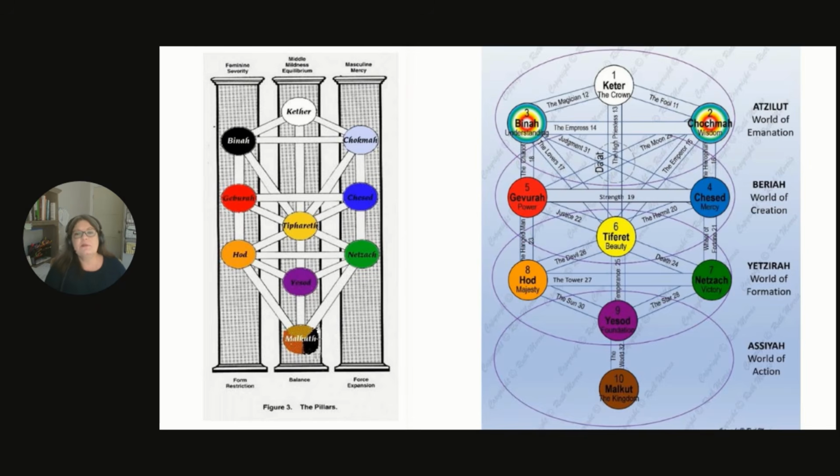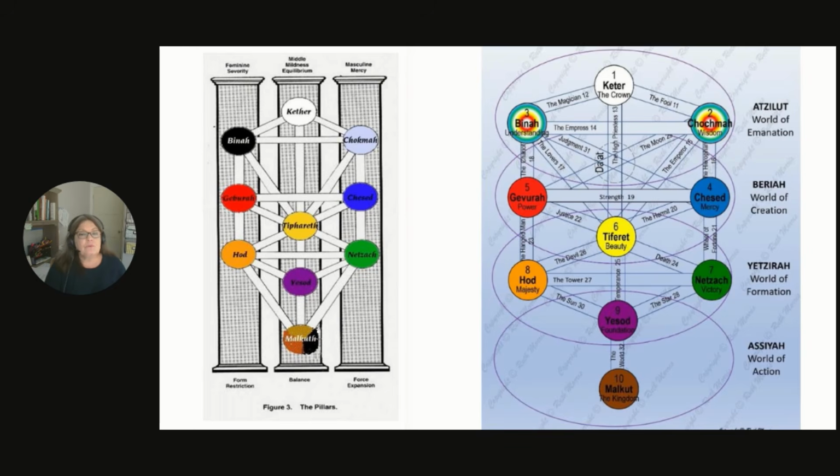So here's a couple of pictures of Kabbalah trees. You can see the circles on them. Those circles are called sephirot. One of them is called a sephirah, and the plural word is sephirot. They're associated with colors.